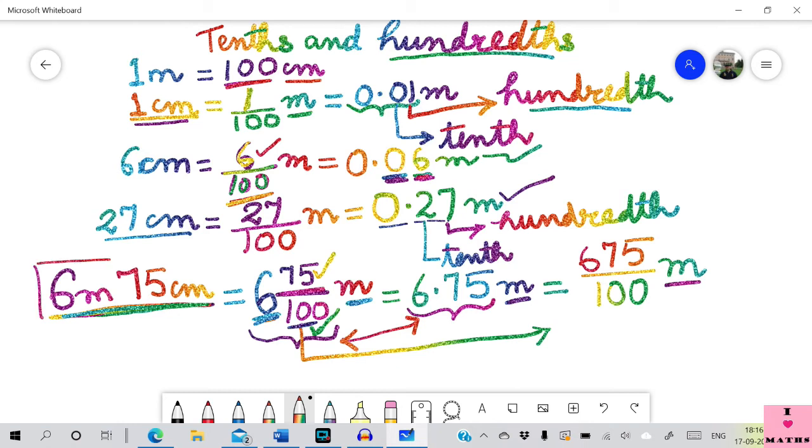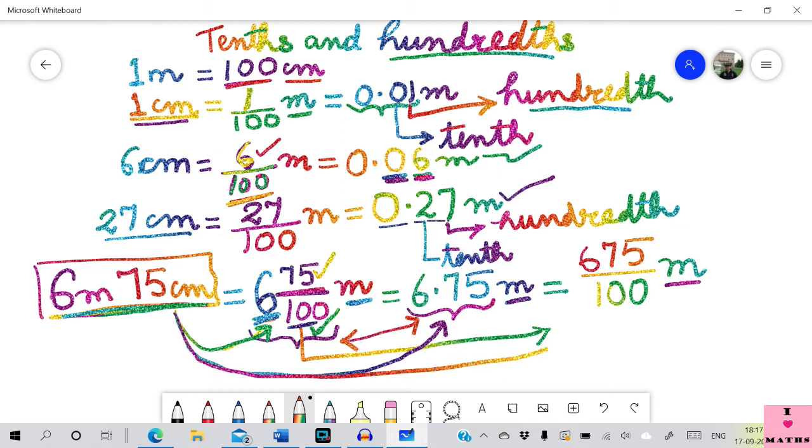So beta, 6 meter 75 centimeter can be written as either 6 whole 75 upon 100 of a meter, or 6.75 meter, or 675 upon 100 meter. All the three ways are correct. So this is how we can write meters and centimeters in three different ways.